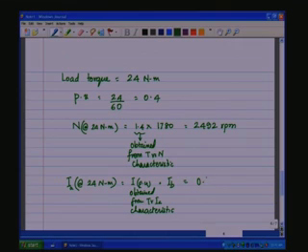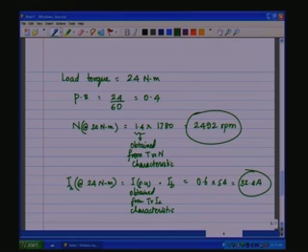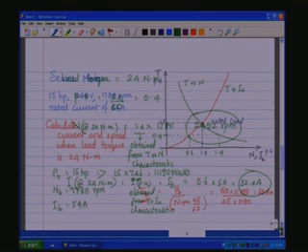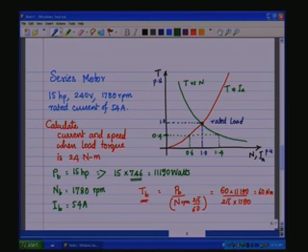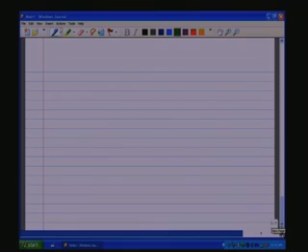So, this would be 0.6 into 54, which is around 32.4 amps. So, this would be the IA and the speed at a torque of 24 Newton meter for a characteristic as given for this particular machine. This is how one goes about calculating for this one.